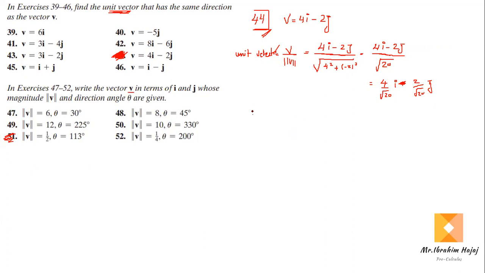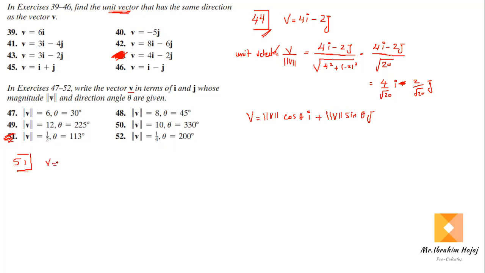Here is the rule: v equals magnitude of v cosine theta i plus magnitude of v sine theta j. The magnitude is given as half and theta is 113.